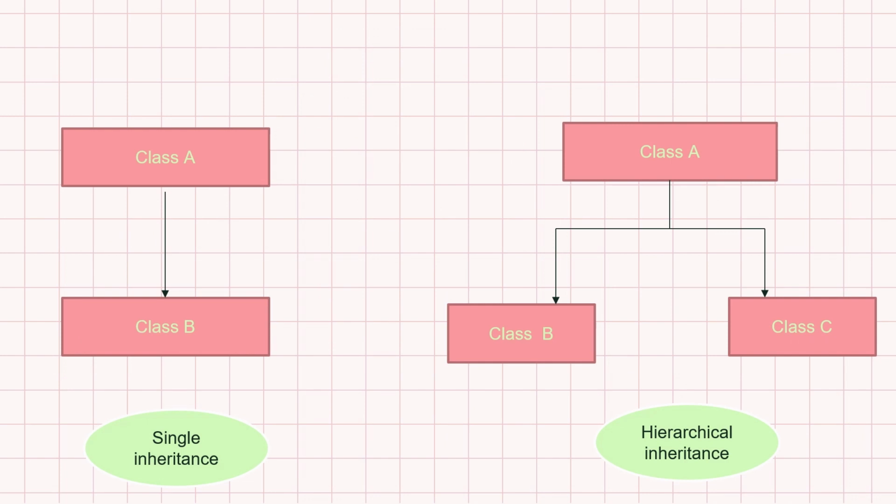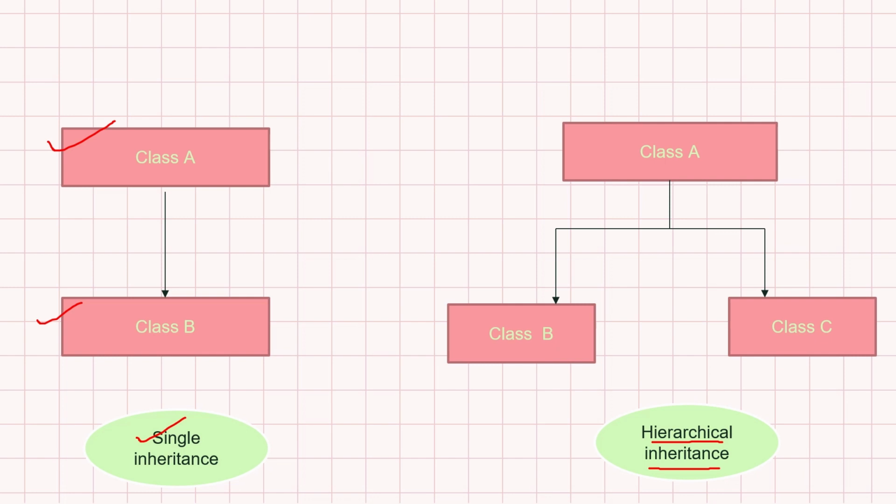So what are the types of inheritance? The first type is single inheritance, which is similar to what we already learned in the previous slide: there is one parent class and only one child class. The second type of inheritance is hierarchical.